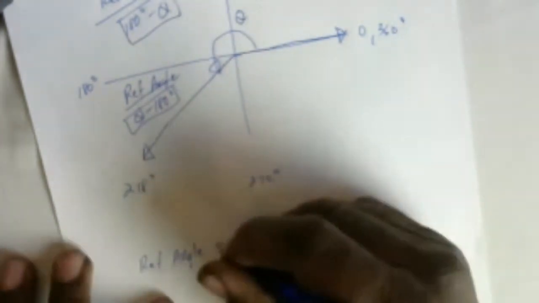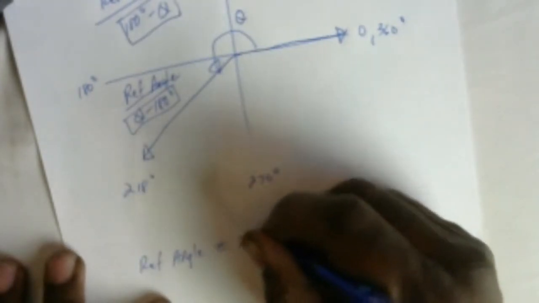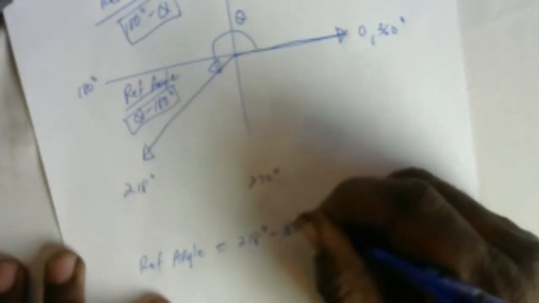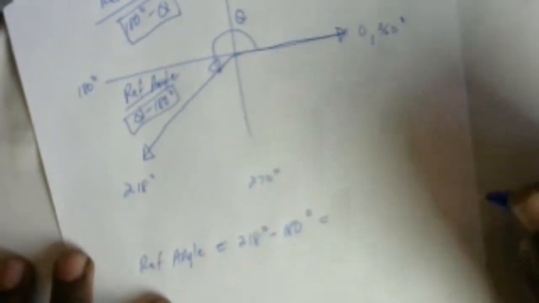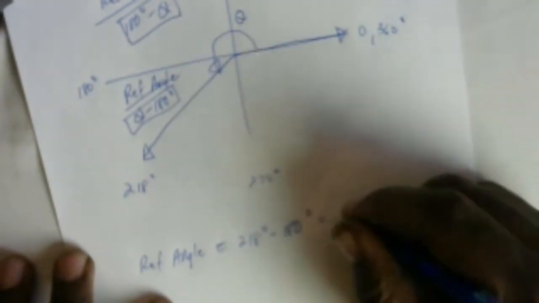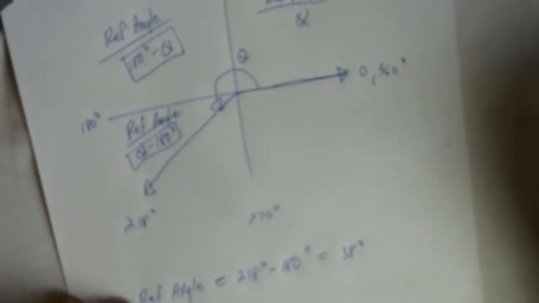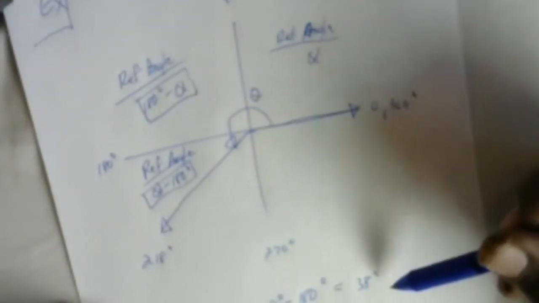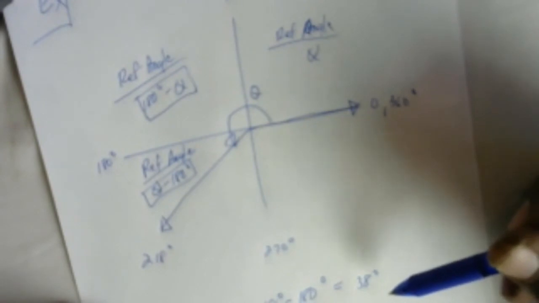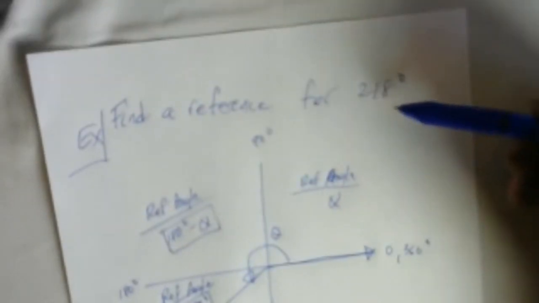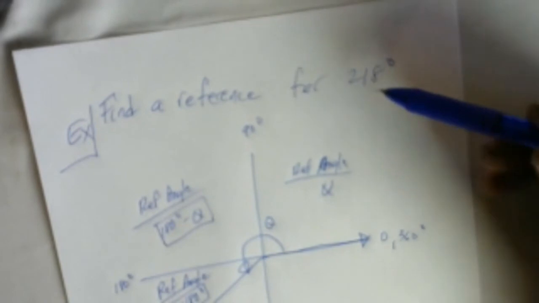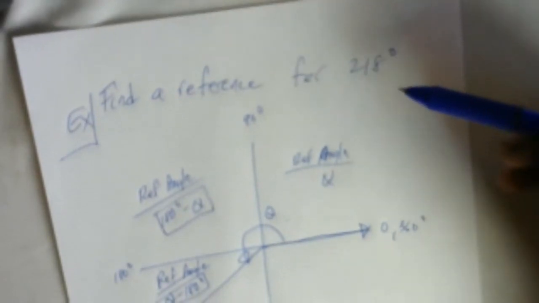Theta is my given angle measure of 218 minus 180. Once I subtract the two, I should get 38 degrees. So 38 degrees is an acute angle, and it's also a reference angle for a 218 degree angle.